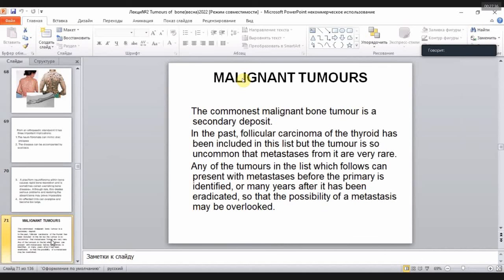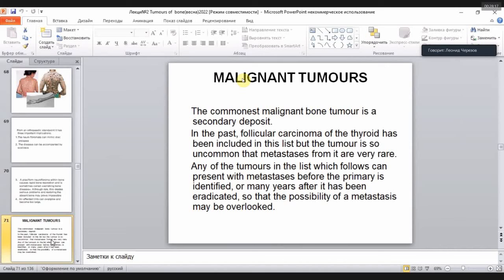Malignant tumors. The commonest malignant bone tumor is the secondary deposit. In the past, follicular carcinoma of the thyroid has been included in this list, but the tumor is so uncommon that metastases from it are very rare.